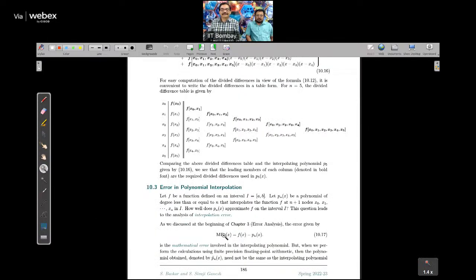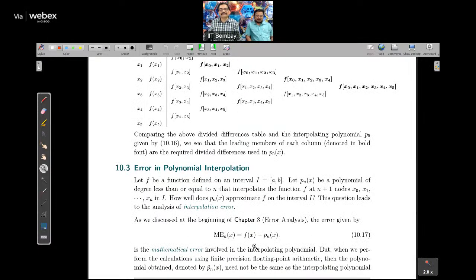By definition, you have two kinds of errors. One is the mathematical error and another one is the arithmetic error. I think the arithmetic error is going to be released next week, so that is not covered yet. As far as the portions covered for us so far, it is only the mathematical error.